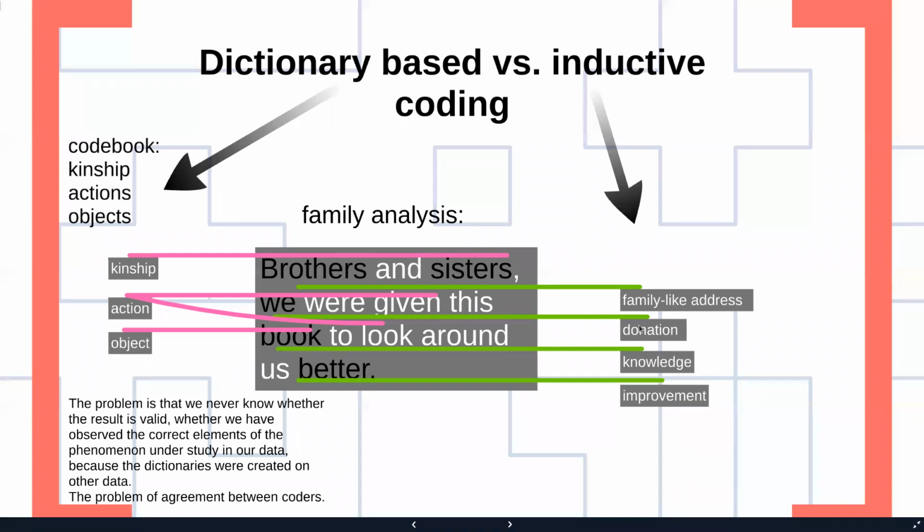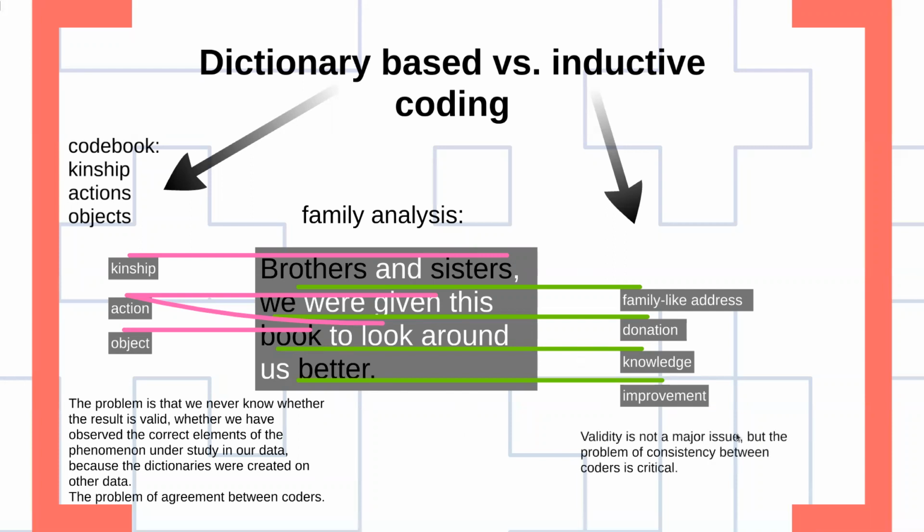"Were given" is donation. "Book for me" is related to knowledge, and "better" in the context of this statement means improvement for me. So I would create these codes and continue to code the rest of the data.